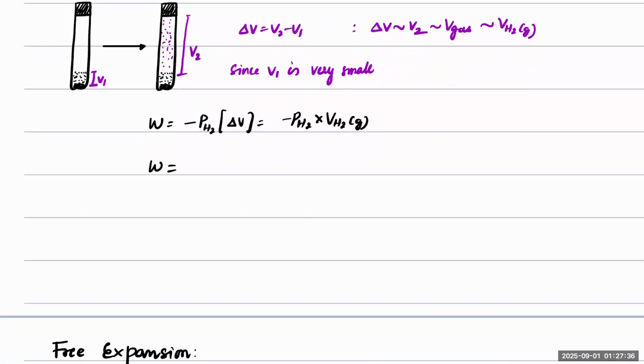Now it is the pressure of H2 and volume of H2. Can I write this as minus n, number of moles of H2, into R into temperature? So this is how you can calculate the work done, which is equal to minus number of moles of H2 into RT.